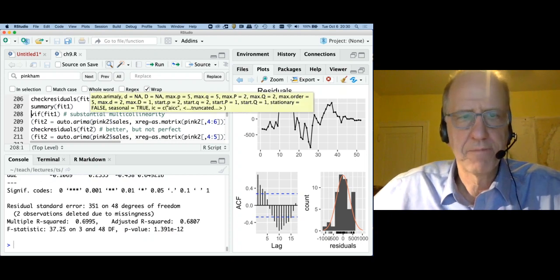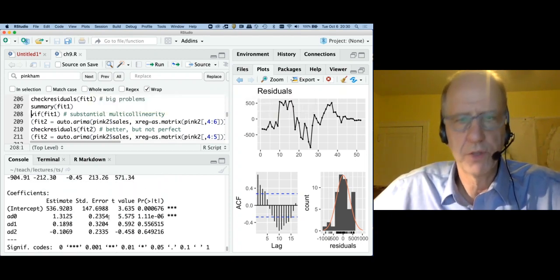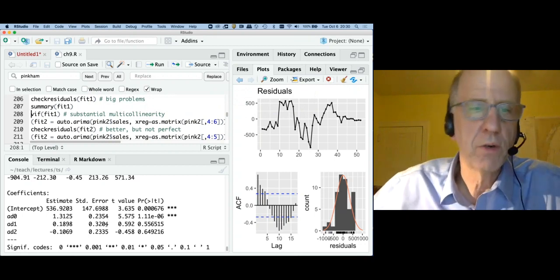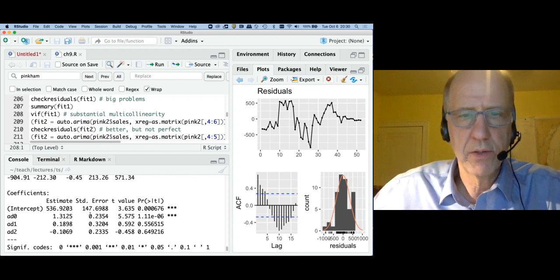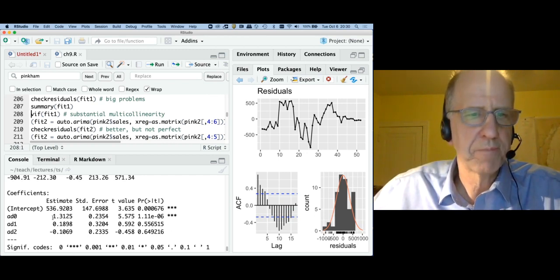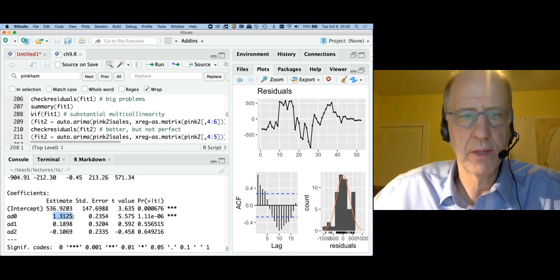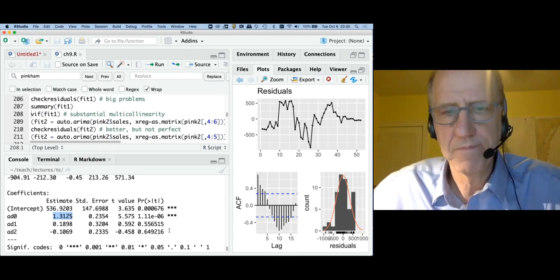With that said, let's just take a quick look at my regression coefficients. Remember, these regression coefficients are going to be unbiased, but I'm not going to trust the standard errors. I'm not going to trust the t-statistics or the p-values a lot. So what I see here is a fairly large positive effect for current advertising, not much in terms of lagged effects. They're not significant, but I don't trust them.